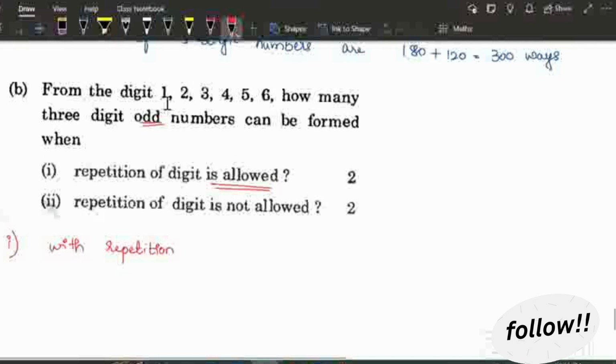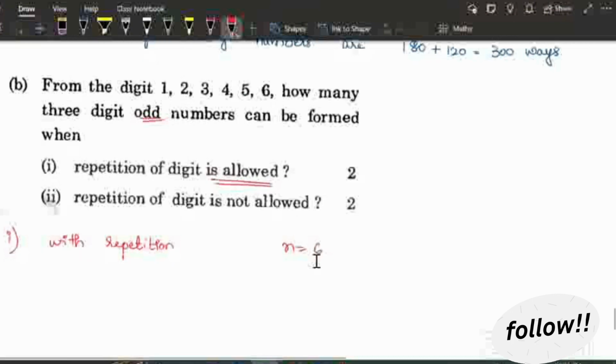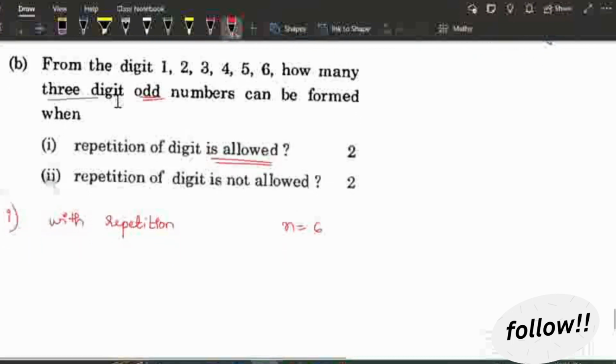How many values are there? N is 1, 2, 3, 4, 5, 6. There are 6 digits given. And we are supposed to form 3-digit numbers. Whenever repetition is allowed, we don't use the nPr formula.